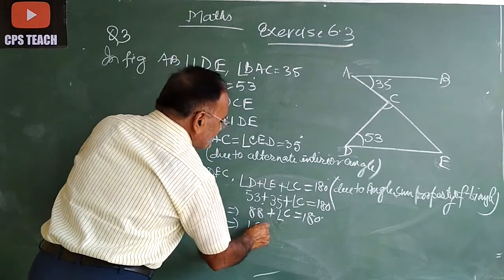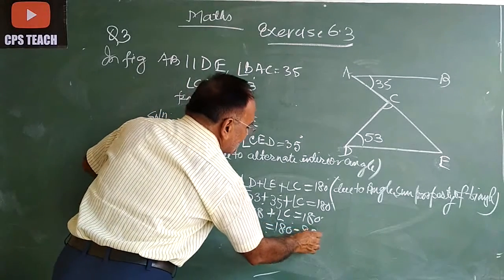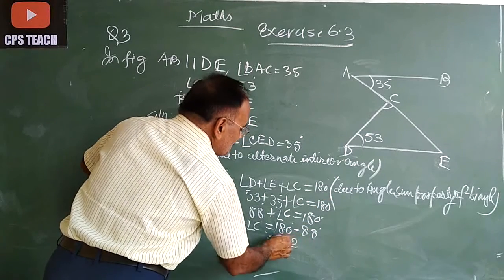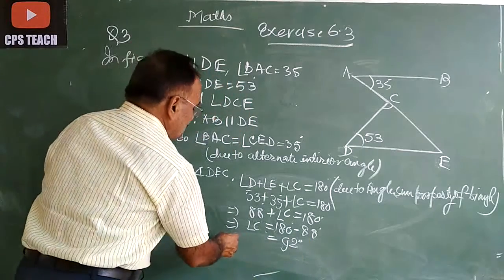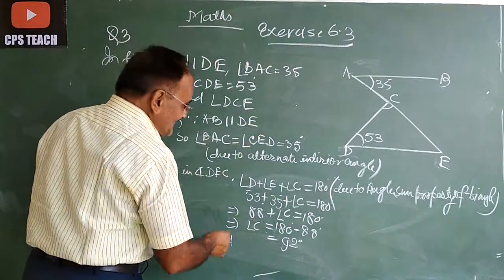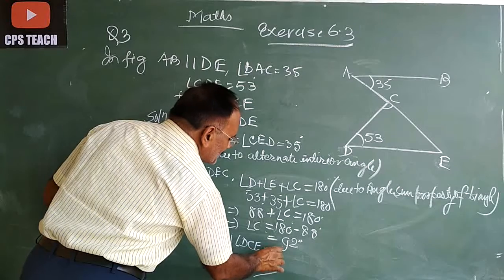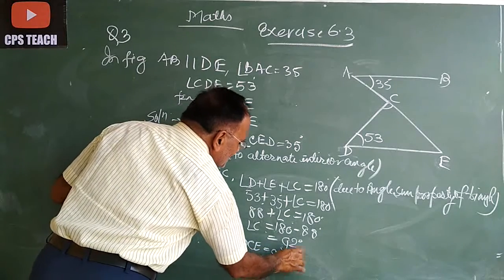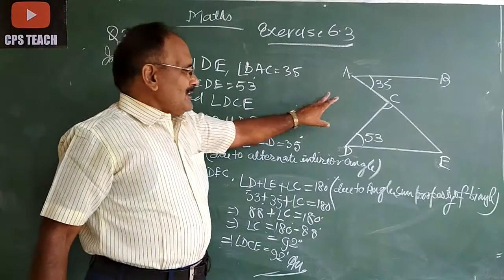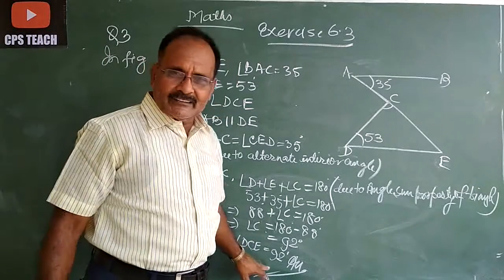This implies angle C is equal to 180 degree minus 88 degree, and this is 92 degree. This implies angle DCE is equal to 92 degree. Answer. This is the answer of this question. It means angle DCE is equal to 92 degree.